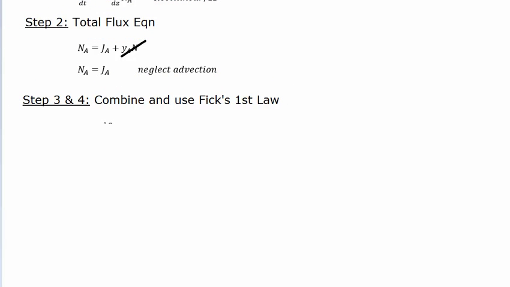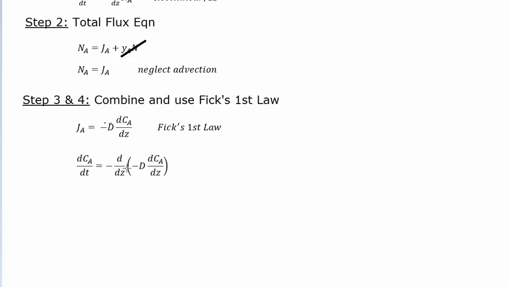Now we'll combine our results from the total flux equation as well as the diffusion convection equation with Fick's first law. Fick's first law says that the flux is negative D times the gradient of concentration. Since we're working in one-dimensional rectilinear coordinates, that's just d dz.